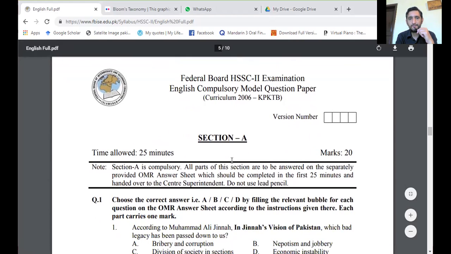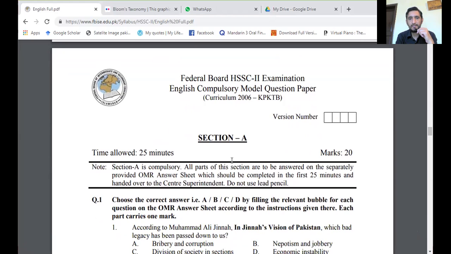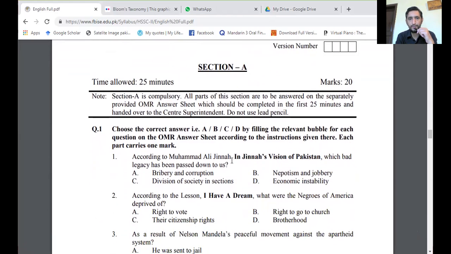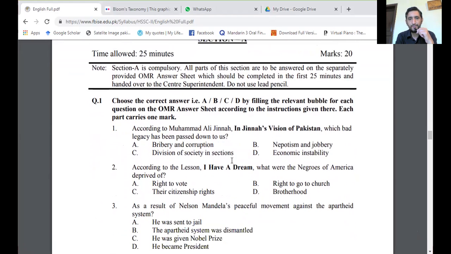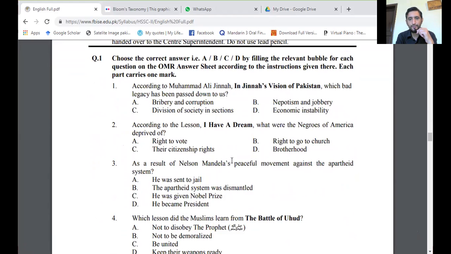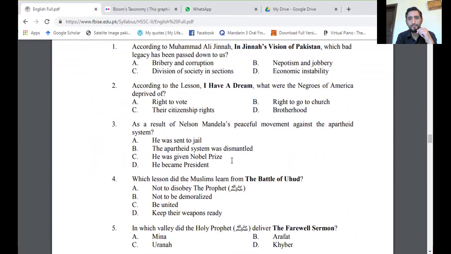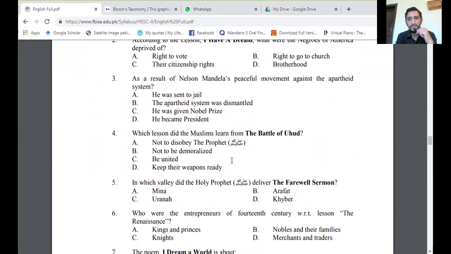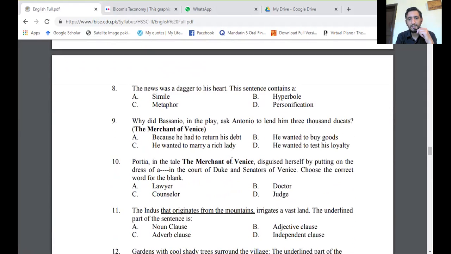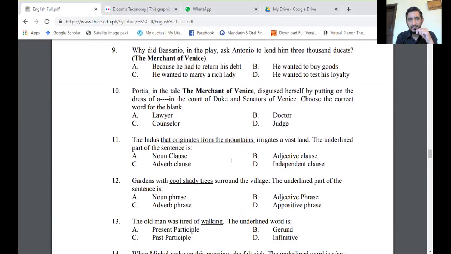So choices, we'll go directly to an example. This is a model paper. From this, you'll be able to understand how the paper will be designed. So the first part, as you know, 10 MCQs will be from your lessons and poems and plays, and these from 11 onwards, it's grammar.